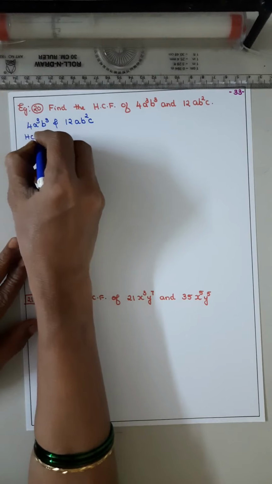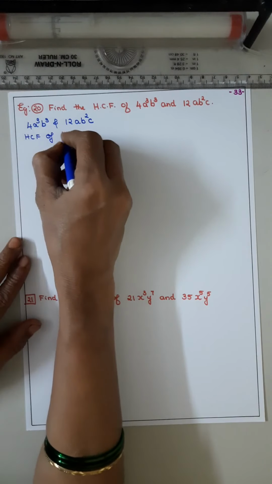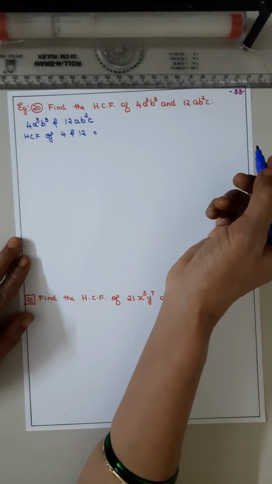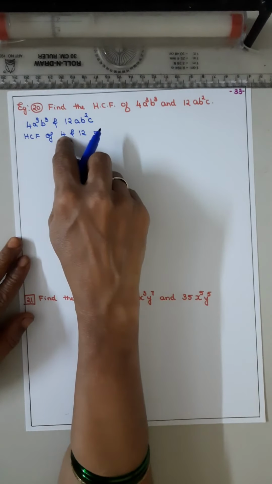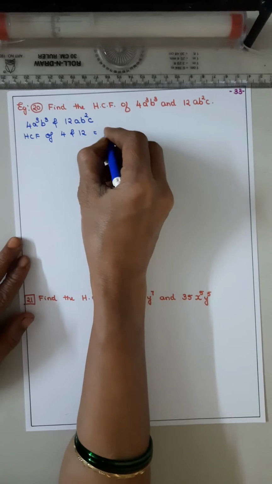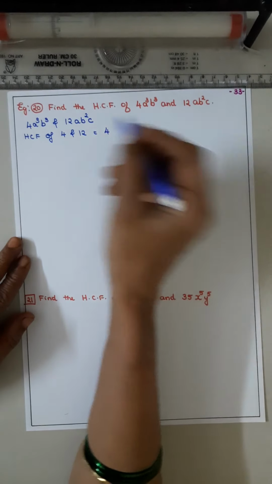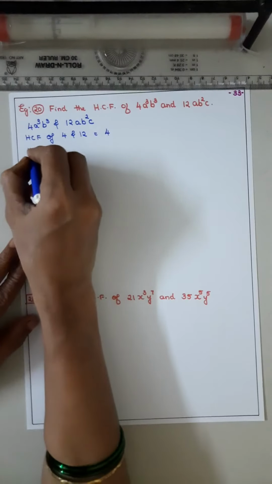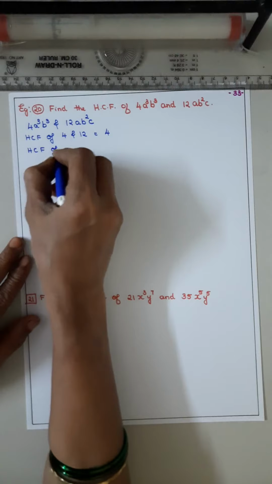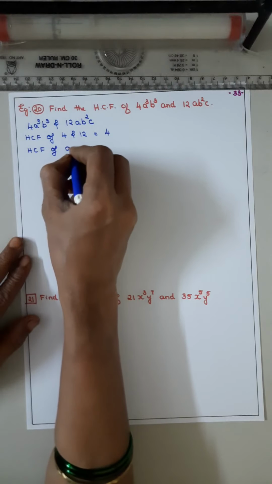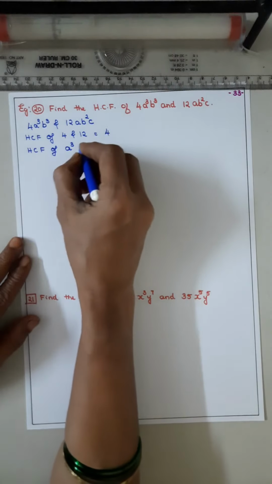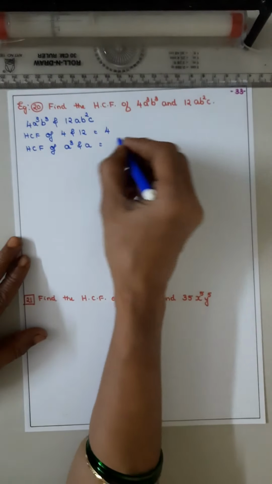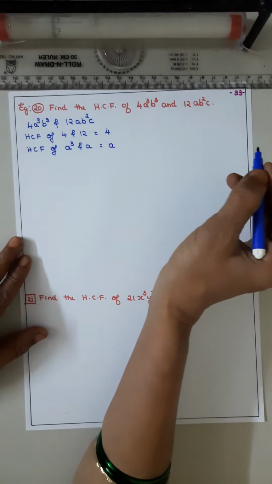HCF of 4 and 12. ये दोनों में HCF क्या है? The 4. Yes or no? छोटा नंबर HCF रहेगा. Okay, next HCF of a cube and a. Like terms देखो. ये दोनों में common क्या है? a, and that is the HCF.